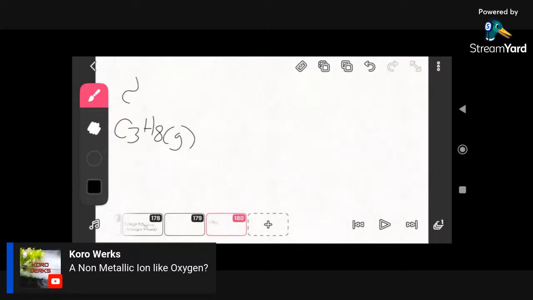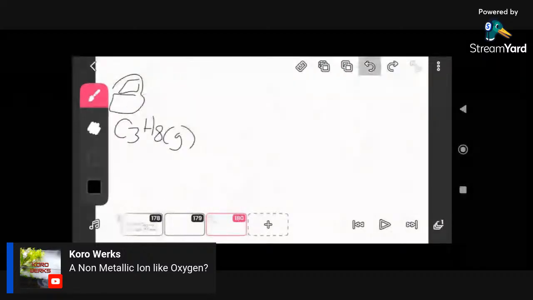Let's say we got the fuel. That's a bad gas tank. How can I draw a gas tank? This is not accurate, but I'm just gonna draw a regular gas tank. Actually, that's terrible. Anyways, so that's propane gas, right?